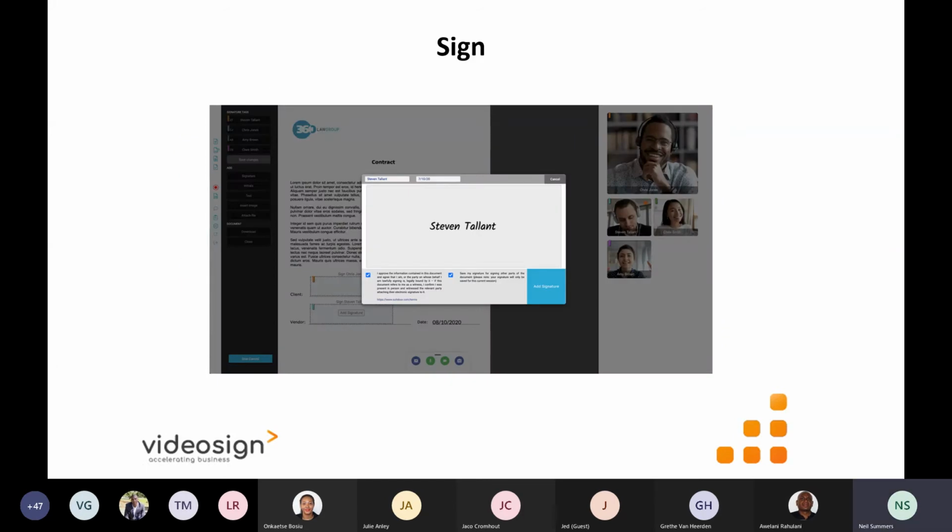Any acknowledgements or agreements that need to be formalized as a result of a meeting can be done using the VideoSign signing function. Signing can take place via a keyboard when using a laptop or desktop, as you can see in this slide, or a touchscreen, and that applies to both iOS and Android.